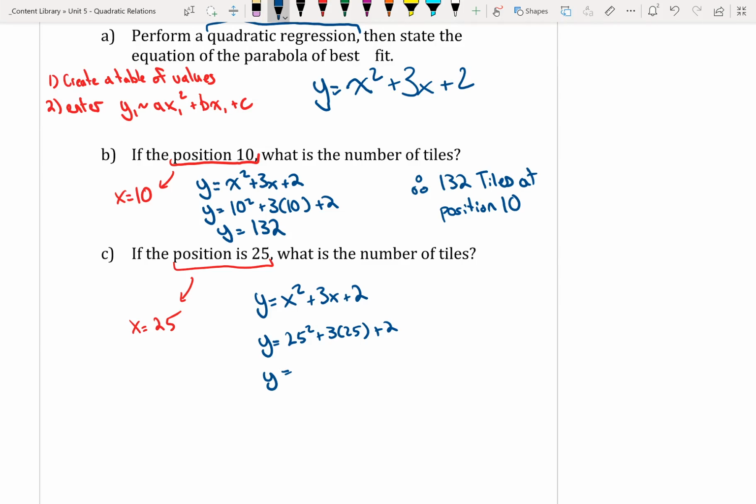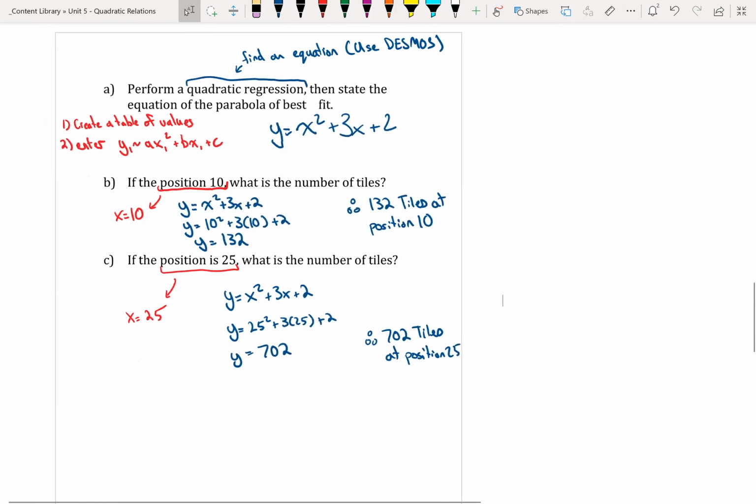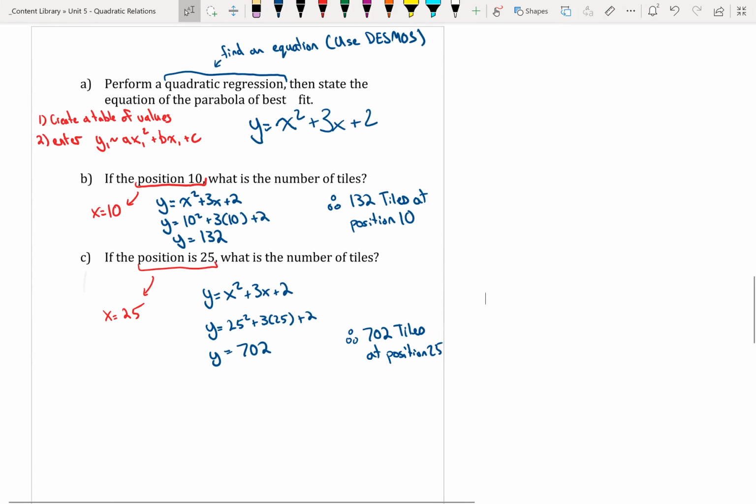When I solve that on my calculator, I should get 702. So therefore, 702 tiles at position 25. Again, you can see why it'd be easier or better to have an equation to help us solve this rather than having to draw out each tile.